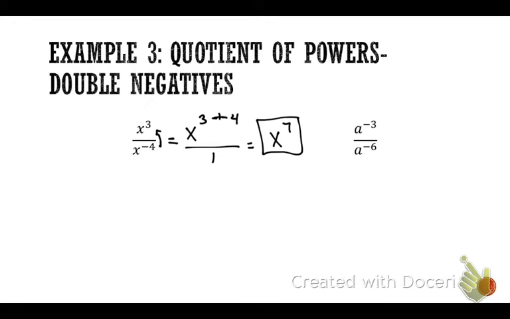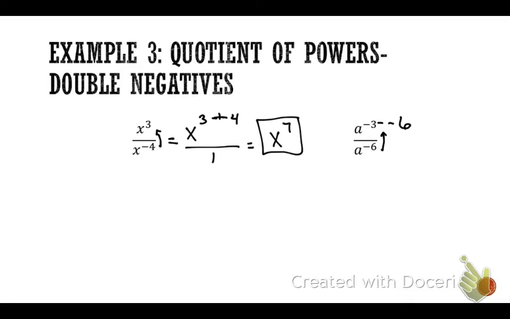Okay? So quotient of powers, here's where I see, okay, ding, ding, I might have a double negative here. If I'm doing quotient of powers and my denominator power is negative, when I subtract it, so negative 3 minus, what am I minusing here for A? I'm minusing a negative 6.